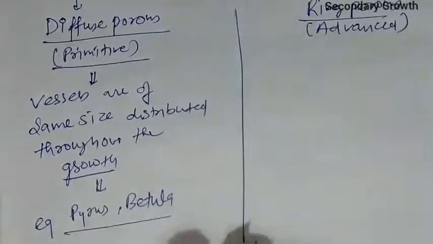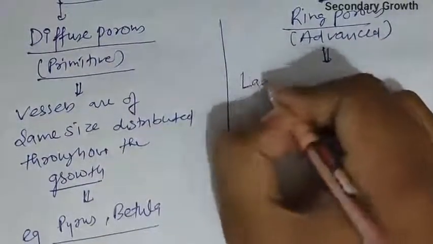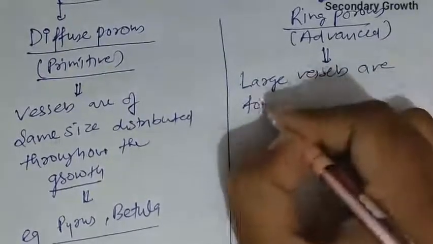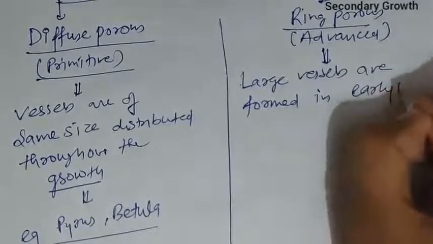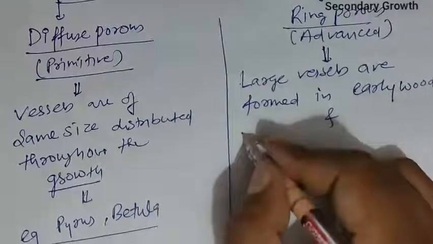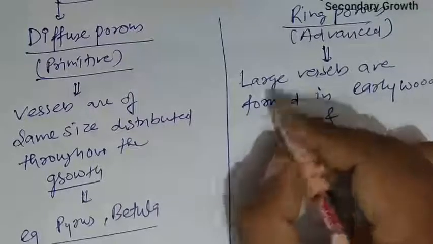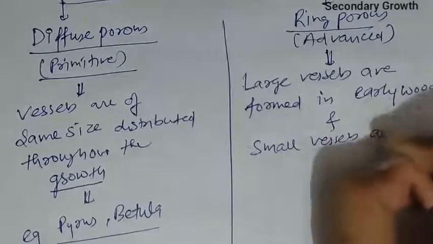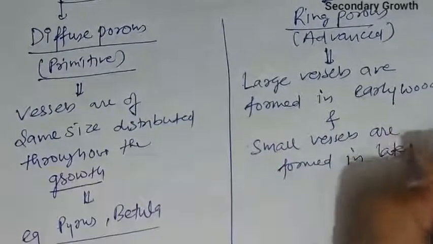But when we talk about ring porous, in these large vessels are formed in early wood and small vessels are formed in late wood.